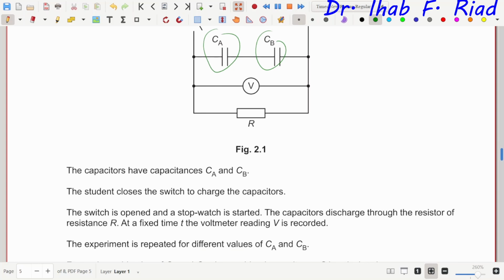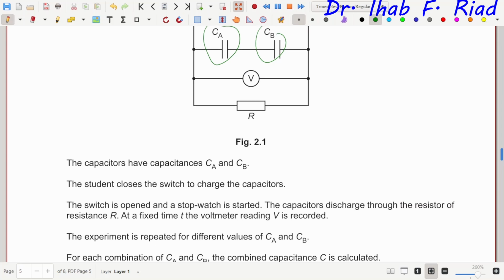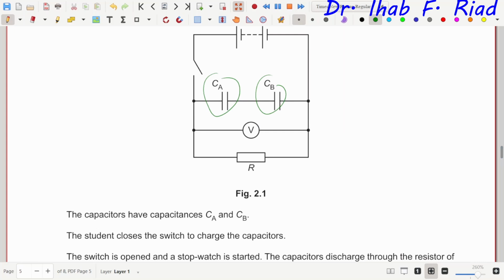The switch is opened and a stopwatch is started. The capacitors are discharged through a resistor of resistance R for a fixed time T. The voltmeter reading is recorded. Okay. So you start charging the capacitors, then you see them charging over time. Then you are going to have a constant voltage, which means that the capacitors are now fully charged.